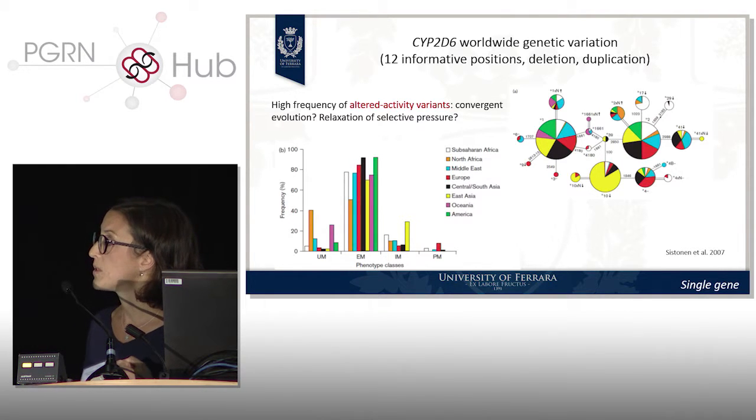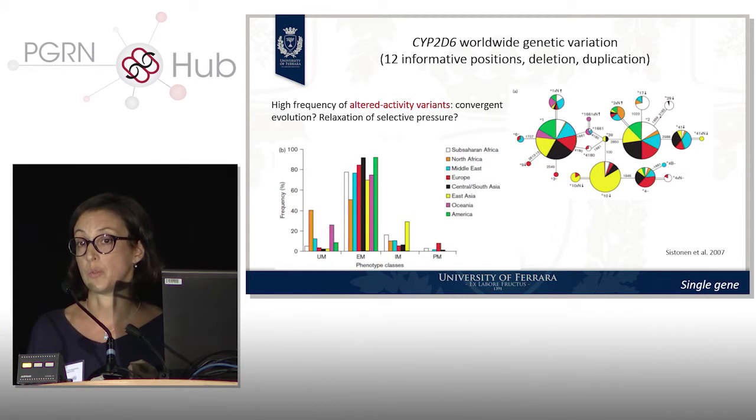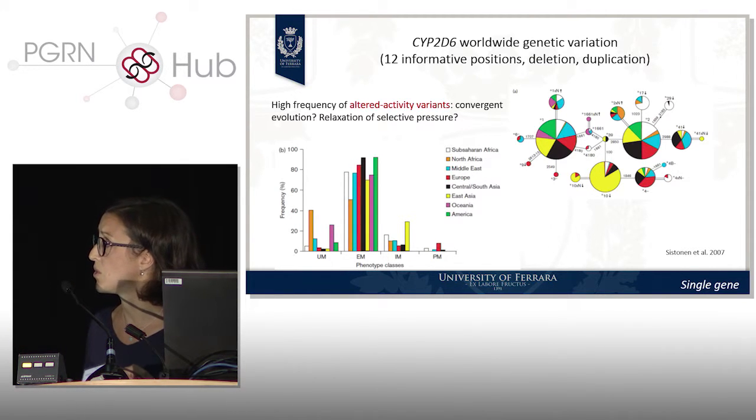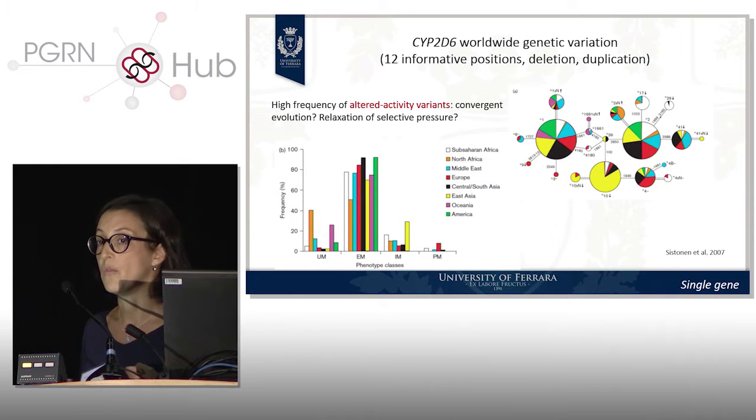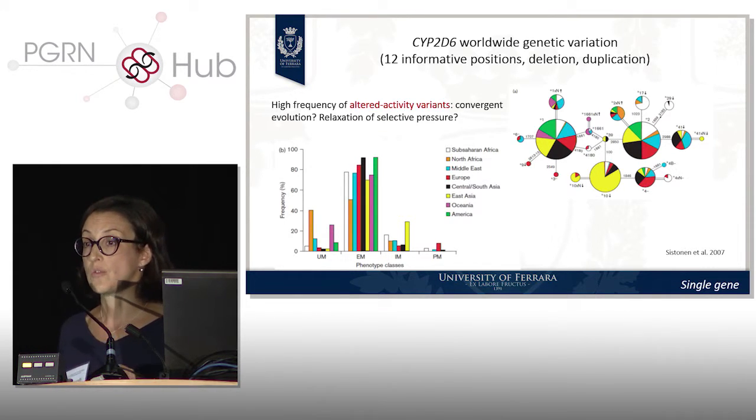So lots of haplotypes, different phenotypes, and they are all represented in many different populations. So lots of variation, and in terms of evolution, this opens several questions. For example, we can ask if the presence of so many slow function haplotypes distributed in several populations is due to convergent adaptation, or if there is a sort of relaxation of selective pressure.